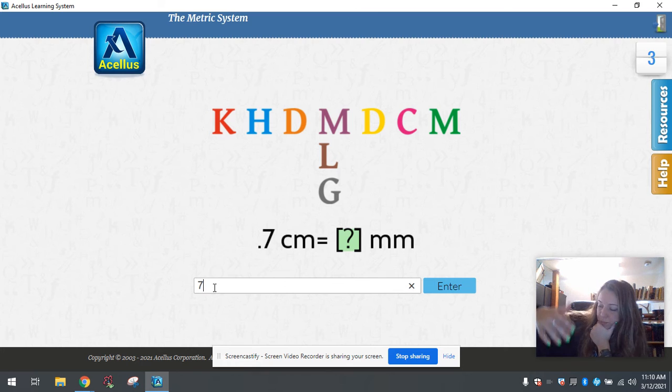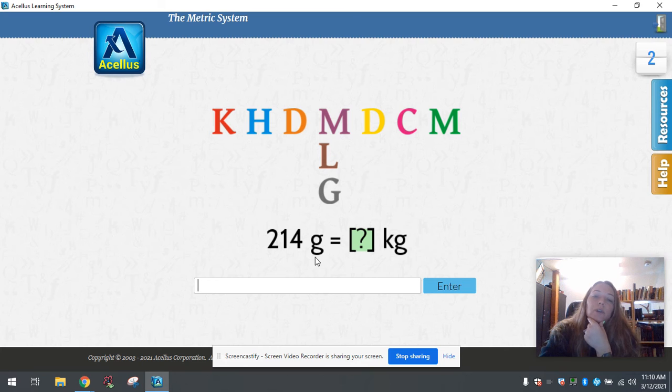Number 7. 214 grams is equal to how many kilograms?